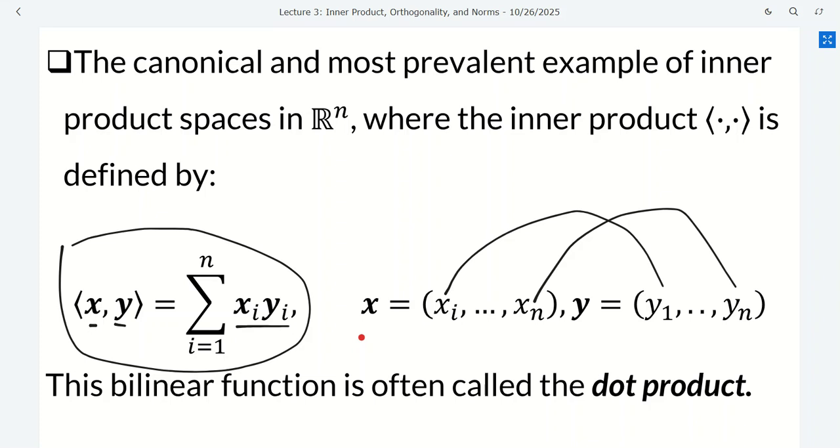So you see the dot product is defined as a result of the bilinearity of these vectors. The inner product is there, but the inner product is like a bigger triangle where the dot product can be found in it.